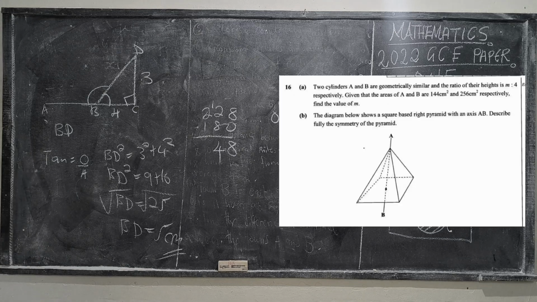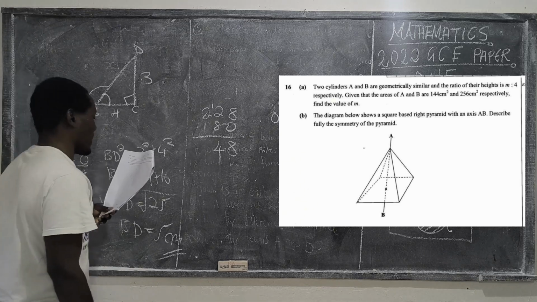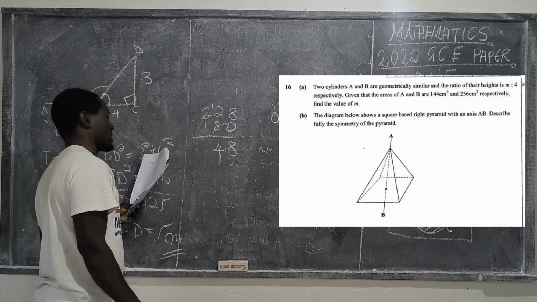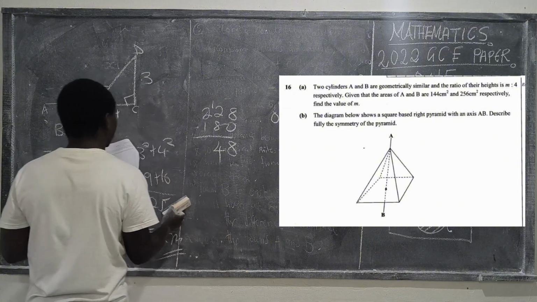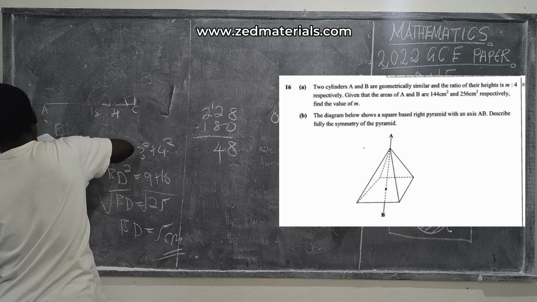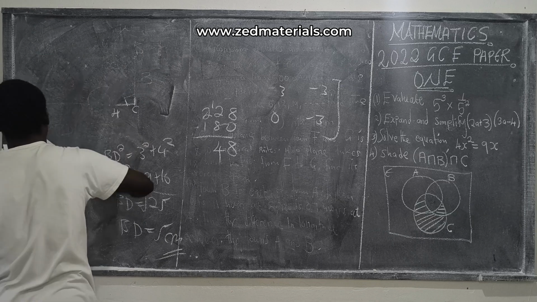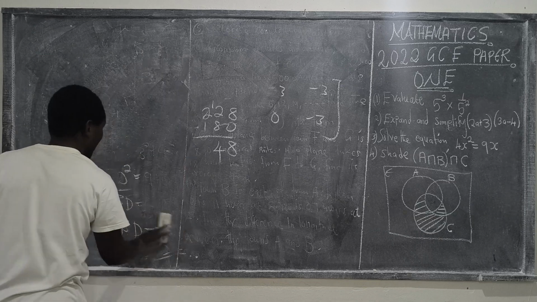Question number 16, they are saying two cylinders A and B are geometrically similar, and the ratio of their heights is m to 4, respectively. Given that the areas of A and B are 144 square centimeters and 256 square centimeters, respectively, find the value of m. So 16A. These things, they are very simple, guys.